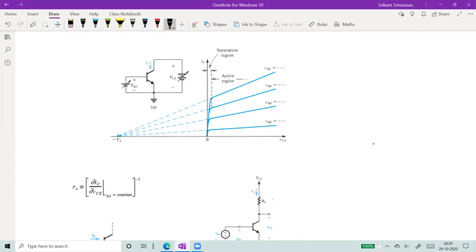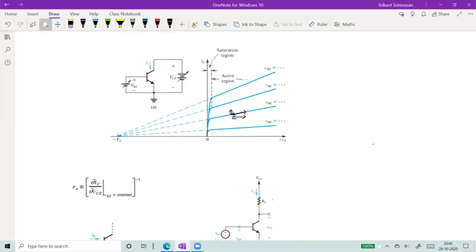If I change IC by some amount, for a given VB, VB being fixed, how much does the VC change? As VC changes, there is some change in IC. So I want to find out the change in IC by the change in VC, and that gives me the 1 by R naught, okay?